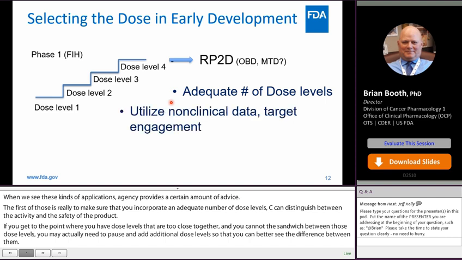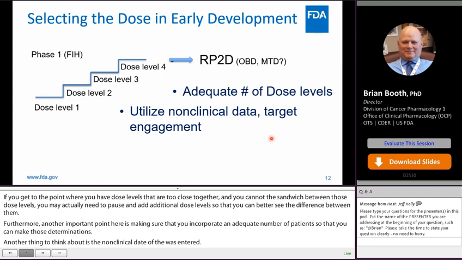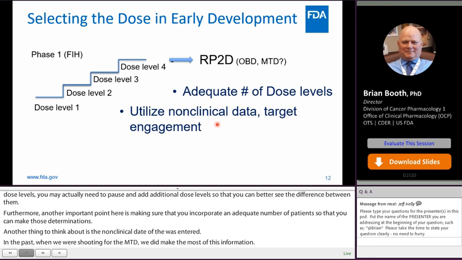Another thing to think about is the non-clinical data that gets generated. So in the past, when we were shooting for the MTD, we didn't really make the most of this information, in my opinion. But now that we're looking at targeted therapies, I think it makes a lot more sense to look more closely at the pharmacology data that's generated and the information that we might get on target engagement or receptor occupancy and that sort of thing, because they tell us about the mechanism of the drug.